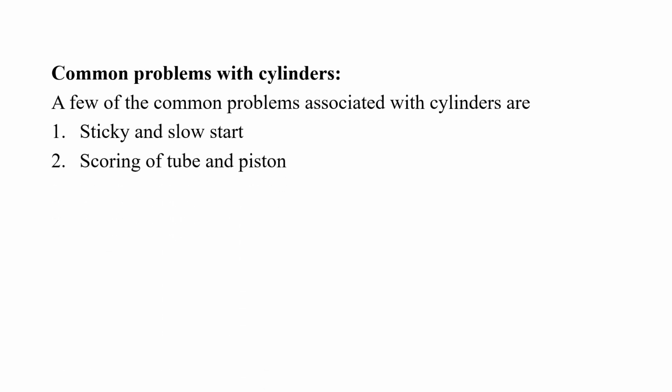Second is scoring of tube and piston. Between piston and cylinder there is an airtight gap. After some time, impurities like metal scraps will come in between the piston surface and cylinder surface.